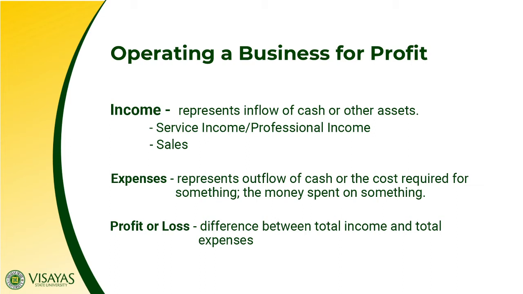If income is greater than expenses, the result is a profit. When the total amount of expenses incurred is greater than the total amount of revenues earned, it will be a net loss.